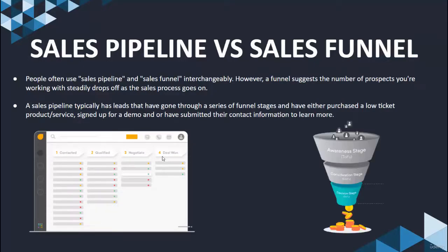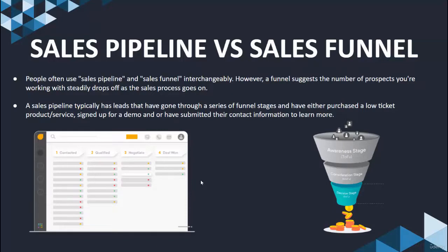Now, with a sales funnel, that's the difference here, people are first coming down this sales funnel to different varying stages, right? And then they are turning into and becoming actual sales prospects in the sales pipeline because they've taken a specific action. They have bought something, and now they're on to the next stage.